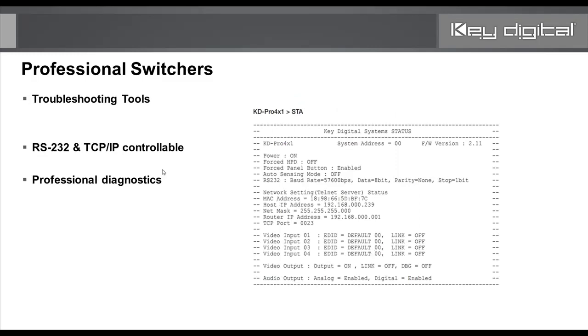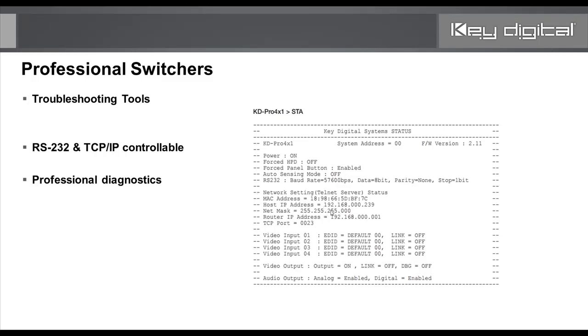So here is a look at our command prompt interface, where we could see not only what commands we have available to it with our help menu, but I also wanted to highlight the status menu. And just by typing in the letters STA, like the first 3 letters of the word status, you can see if your forced hot plug is on.